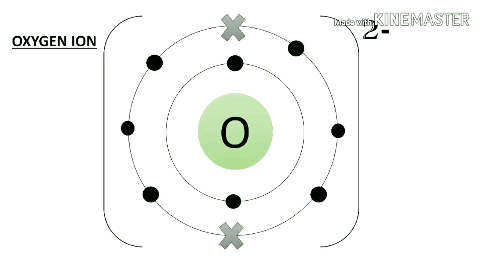Now remember that electrons are negatively charged, and that is why we write 2 negative, or you can write -2 at the top right of the drawing, and the drawing should always be in the square bracket as it has shown, and the charge always should be written outside of it. You can also draw the cross for the original electrons and draw the dot for the electrons that have been gained.